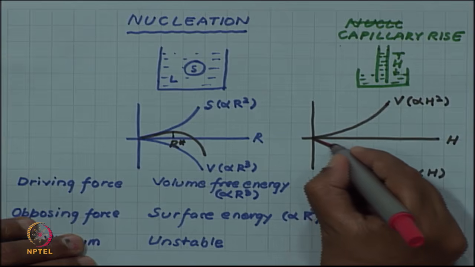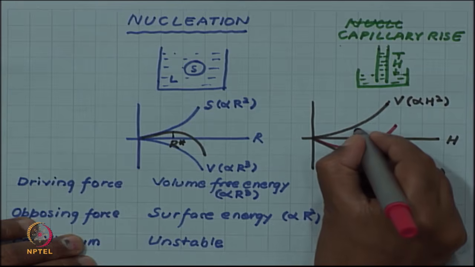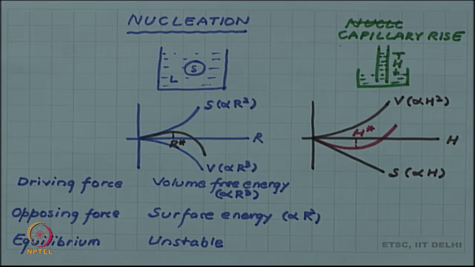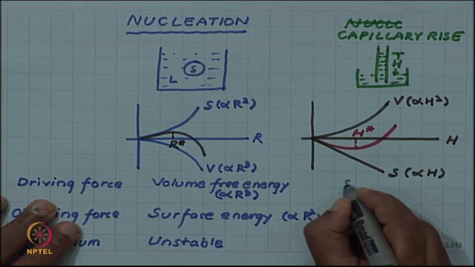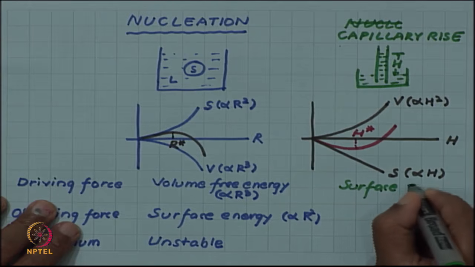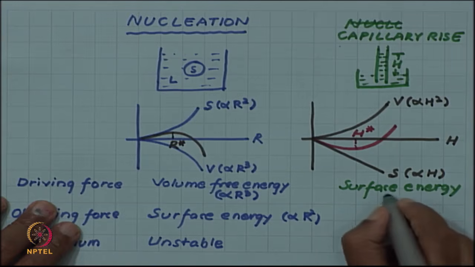and the net curve goes through a minimum, giving you equilibrium capillary height. So, if you then complete these columns, the driving force now is the surface energy term. So, surface energy drives capillary rise because there is a reduction in surface energy, and this is proportional to h.